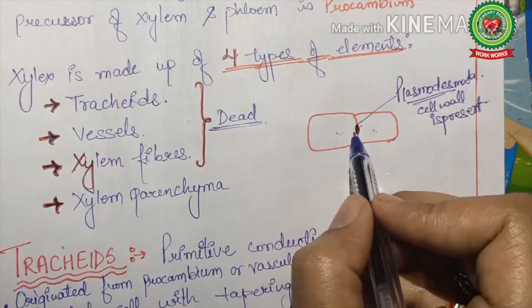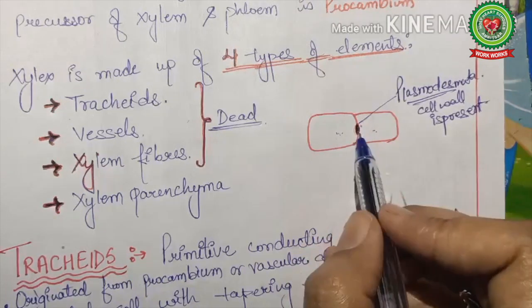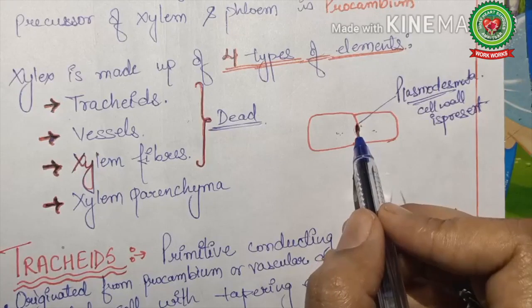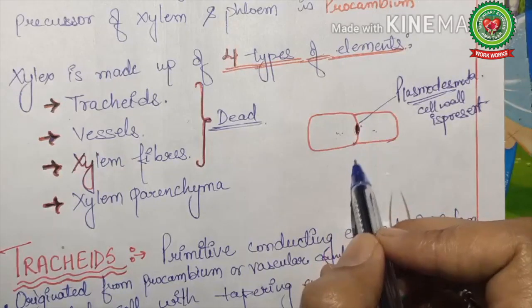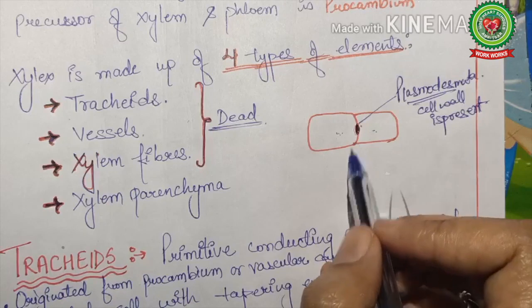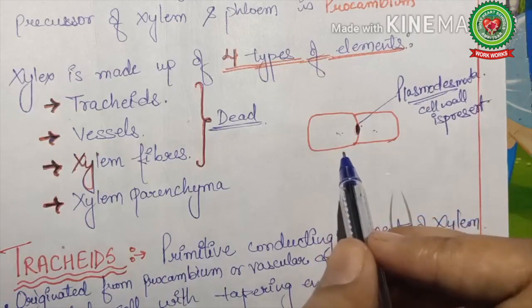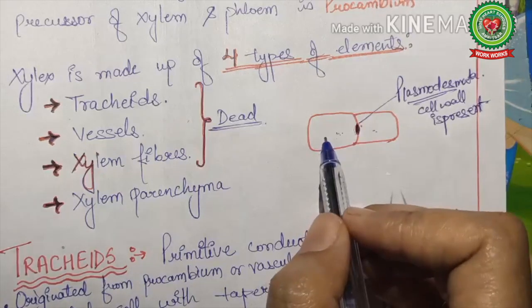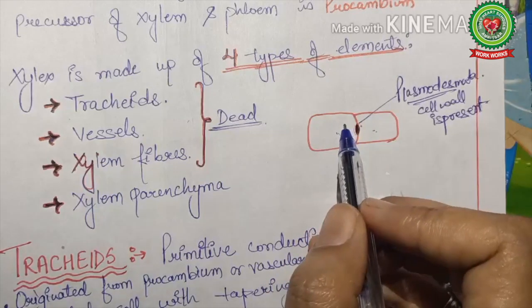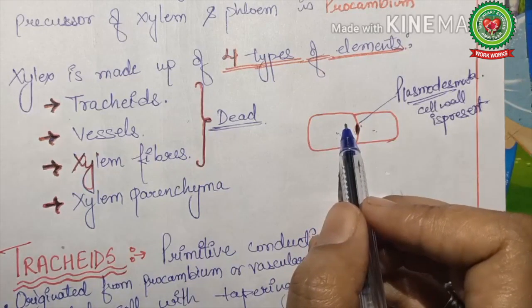Secondary thickening means lignification. These kinds of pits will be called simple pits. The second one is bordered pits. Bordered pits are dome shaped, and these are the pits which are surrounded by a secondary thickening, or we can say these pits are surrounded by lignified wall. That is the basic difference between simple pits and bordered pits.